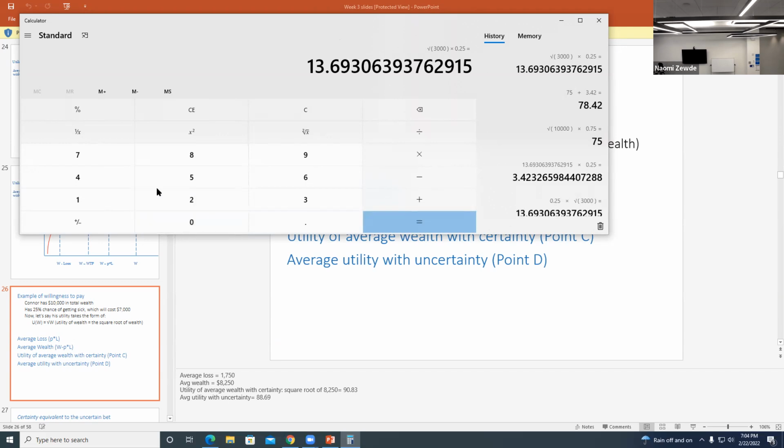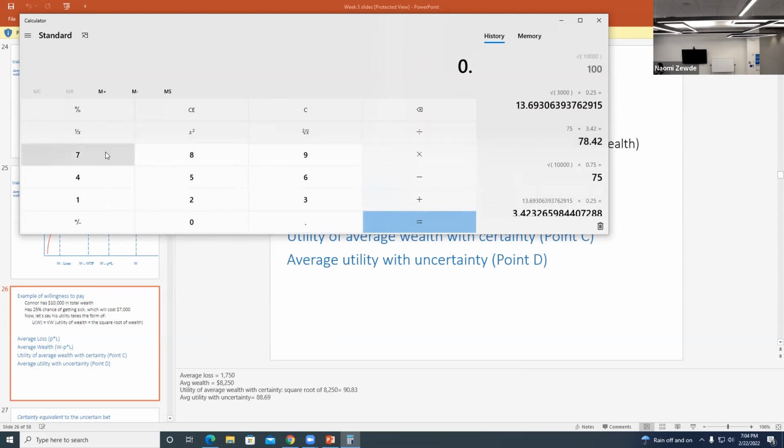Okay, does everybody see how that came about, how to get to 13.69? It's just 25% times the square root of 3,000, because you need the utility in one scenario times the probability of that happening, plus the utility in the other scenario times the probability of that happening. On the flip side, we have a 75% chance of 10,000.